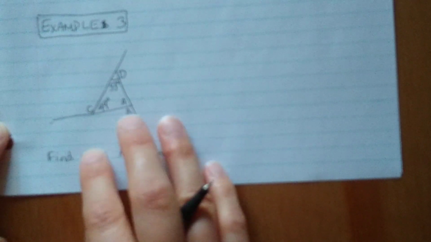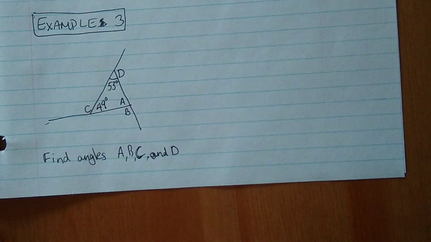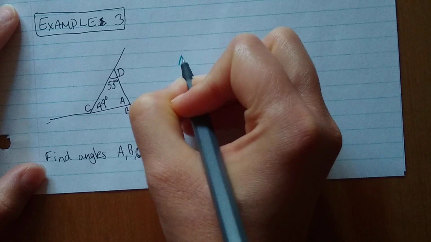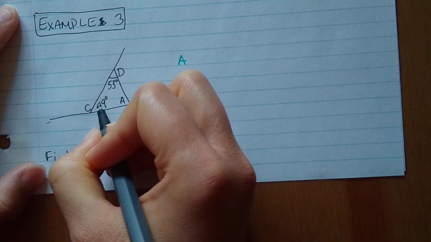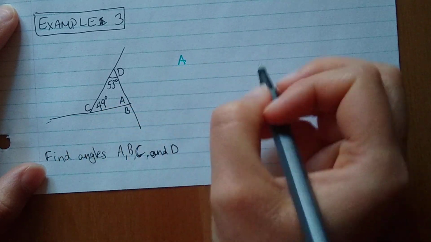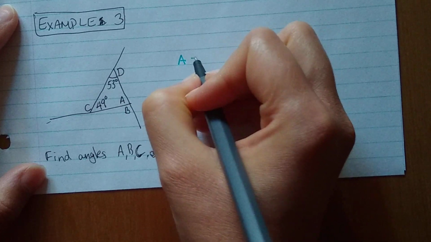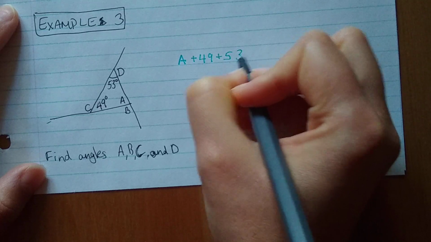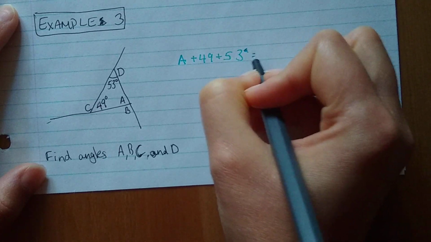Here we have find angles A, B, C, and D. So let's do A first. So A plus 49 plus 53, that's the three interior angles, so they have to add up to 180.